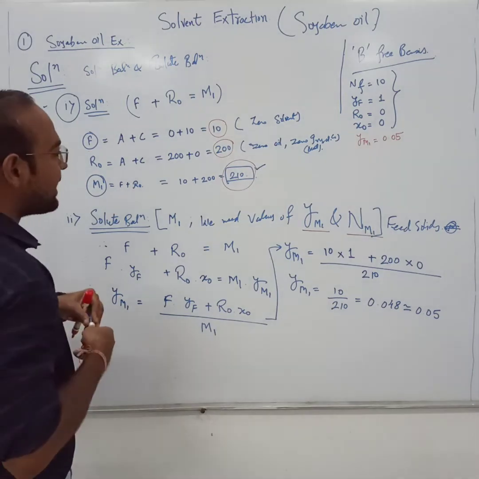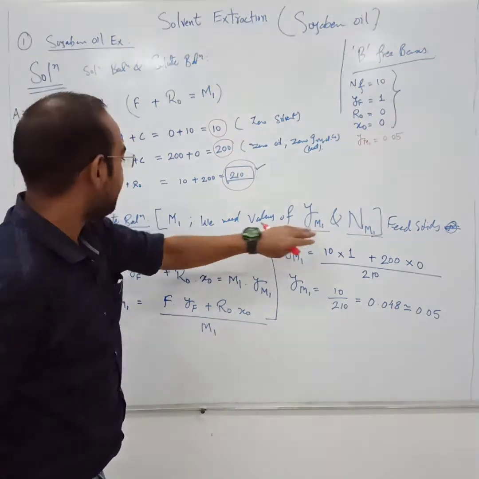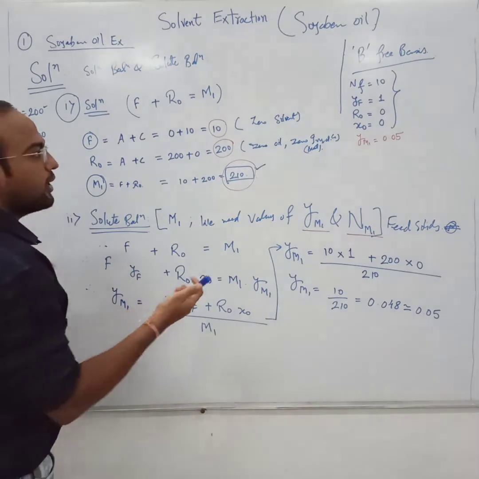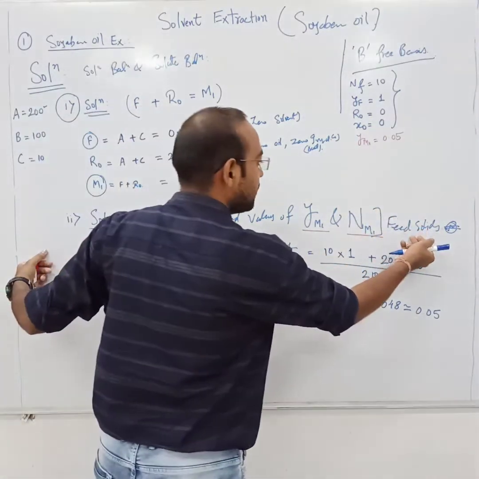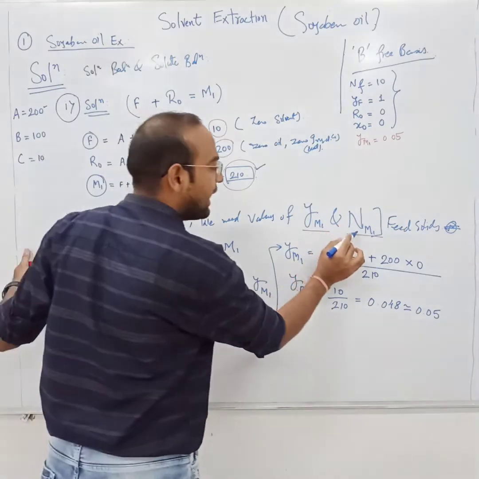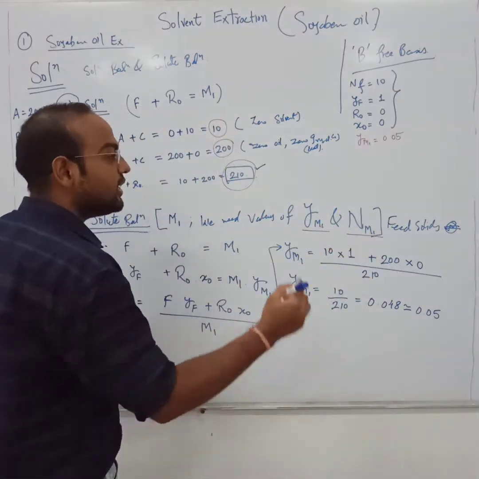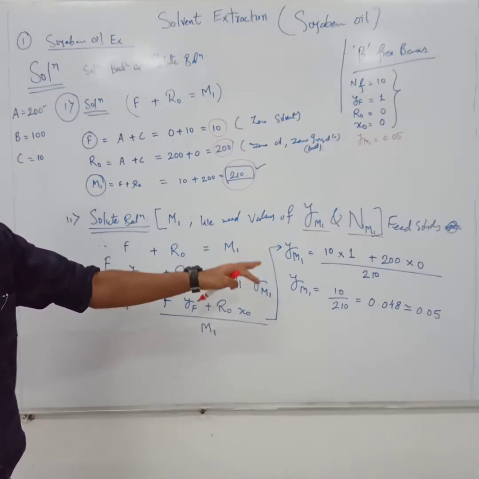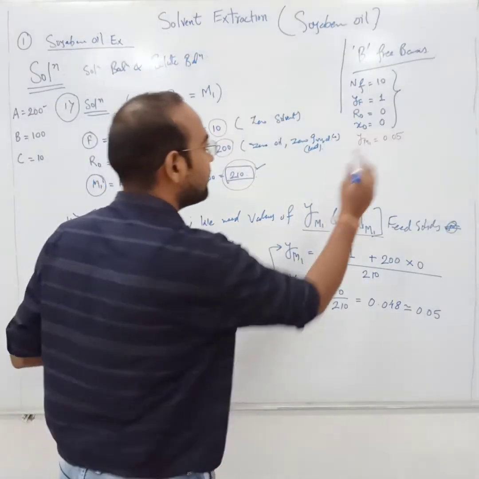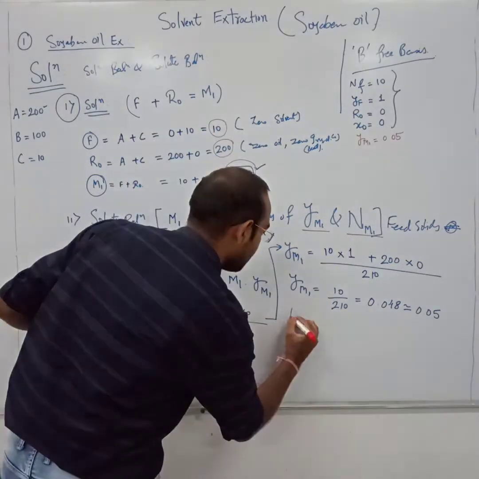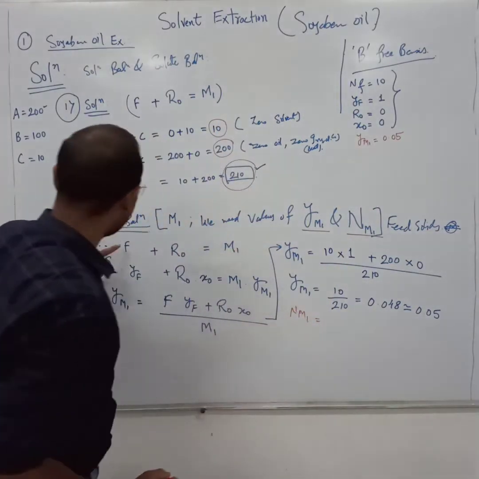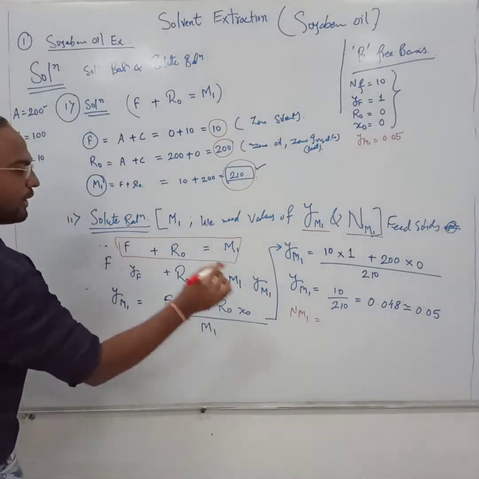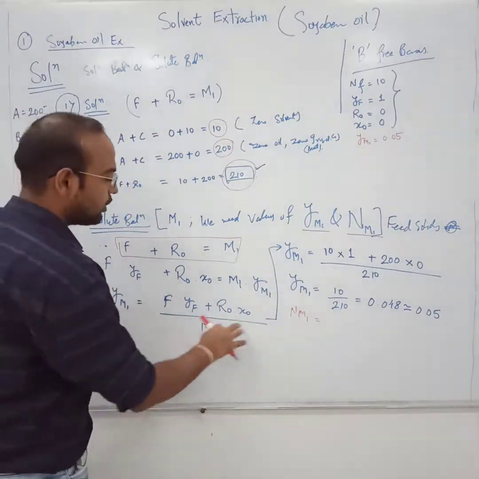In a similar manner, YM1 indicates the amount of solute content in your feed solids. If you want to find NM1, the solute content in your feed solvent, you need to calculate a similar kind of balance and you get the value of NM1. The same mixture is followed to find NM1, and similar calculations are carried out.